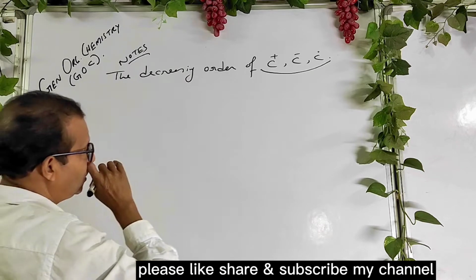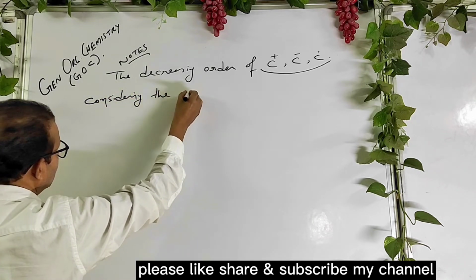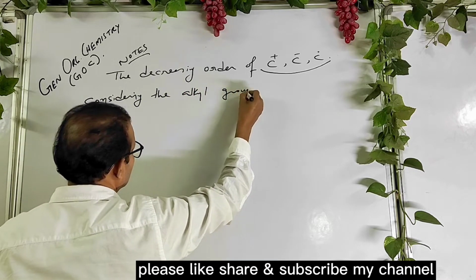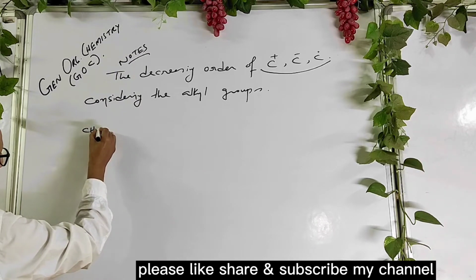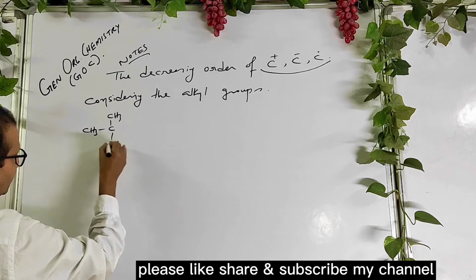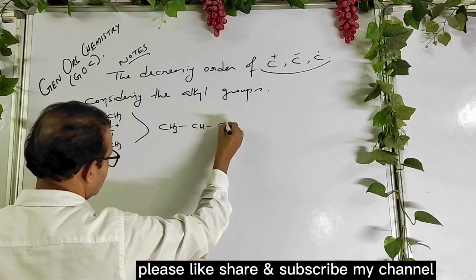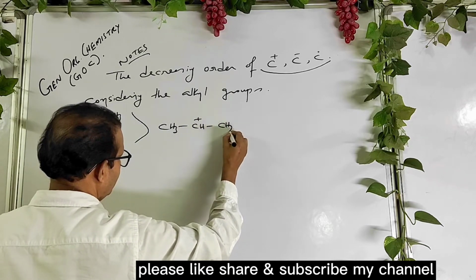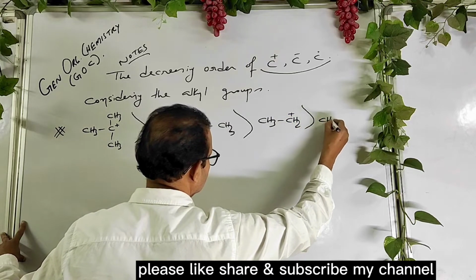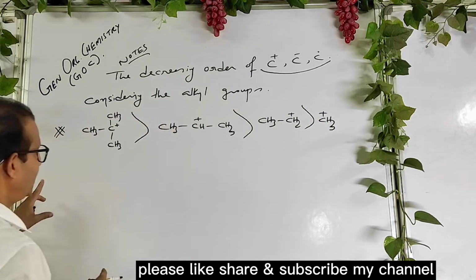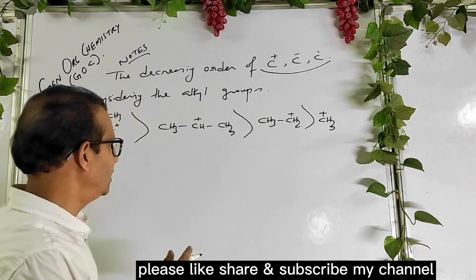So if you consider only the alkyl groups, then remember it, trimethyl carbocation is more stable than dimethyl carbocation, more stable than ethyl carbocation, and which is more stable than methyl carbocation.